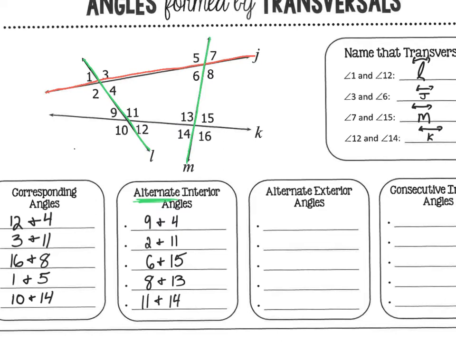So if we're looking at the ones on J that just touch line J, 1 and 2 would be, that's good. So 1 and 2. Now let's go to the other side, 7 and 8. Good. So now we need alternate. So how would we write those? Good.